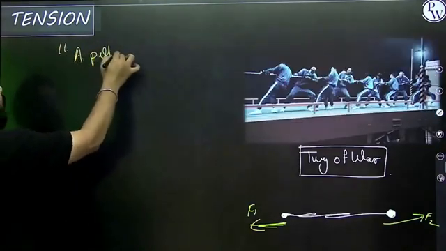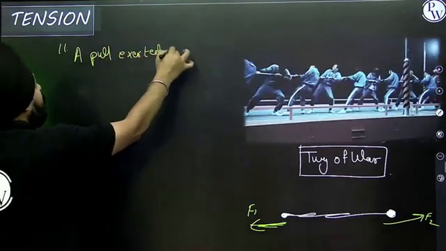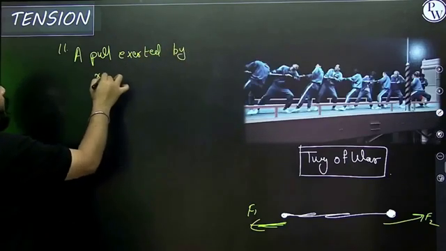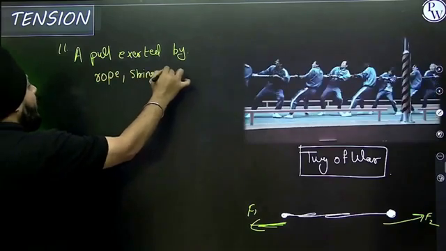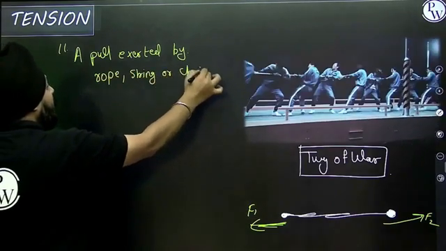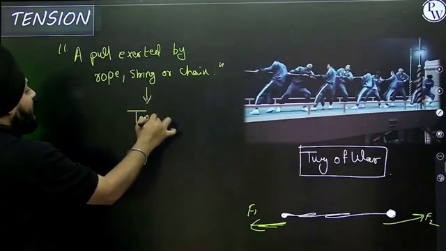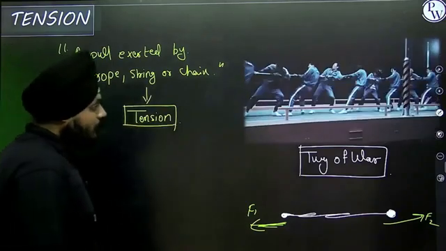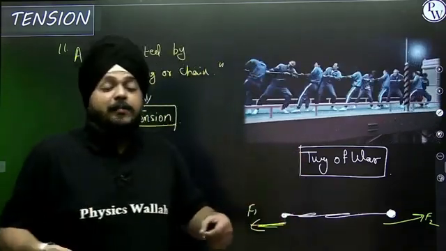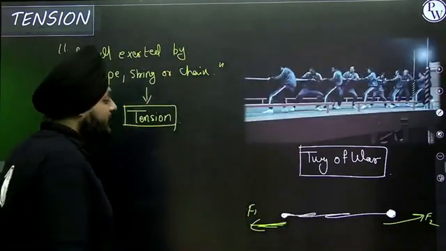A pull exerted by a rope, strings or chain. That pull is defined as tension. Pull exerted by rope, chain or any kind of strings.